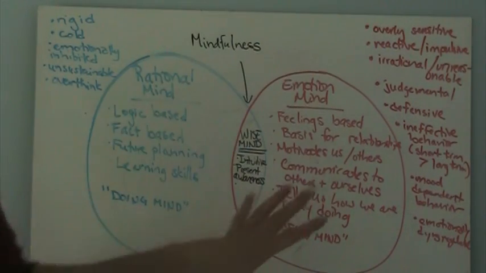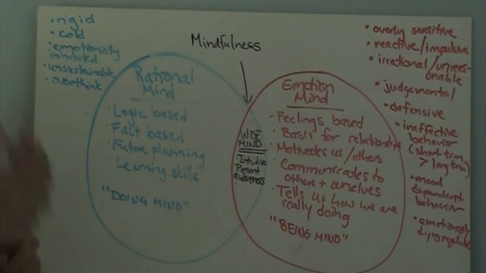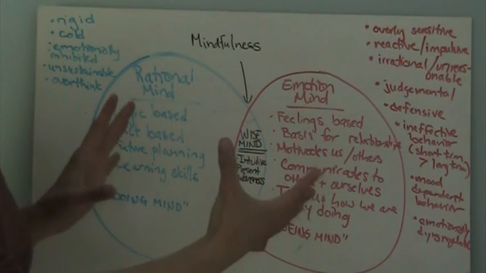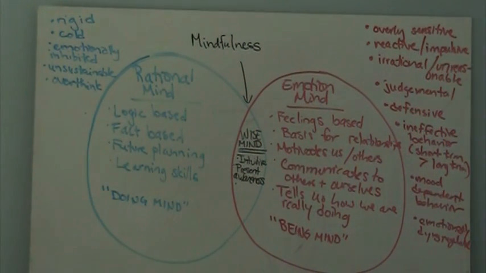So this model shows us how we can take control of our mind and the importance of mindfulness, what the goal of mindfulness and other related skills is. So let me know if you have any questions or thoughts on that.